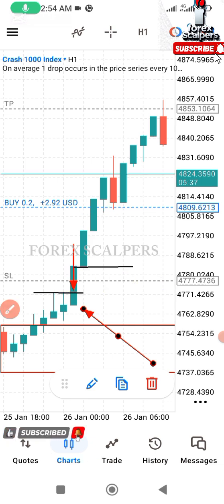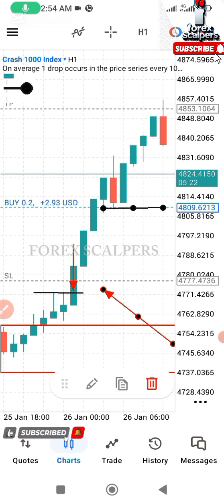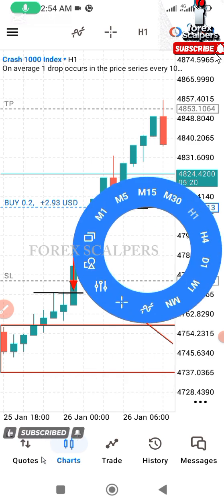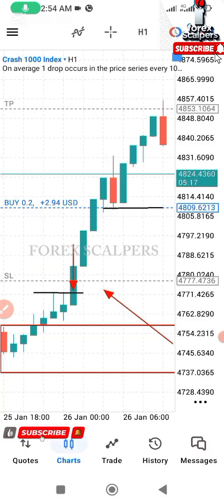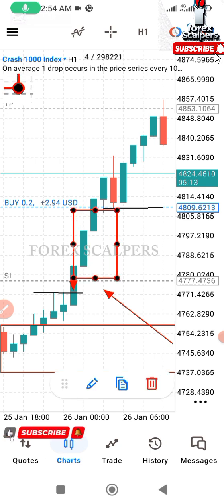But in this scenario, we had the same situation, so there is no lock up here. There is no wick to overlap this side. So our obvious point is this particular zone. We will now mark this zone as our point of interest.